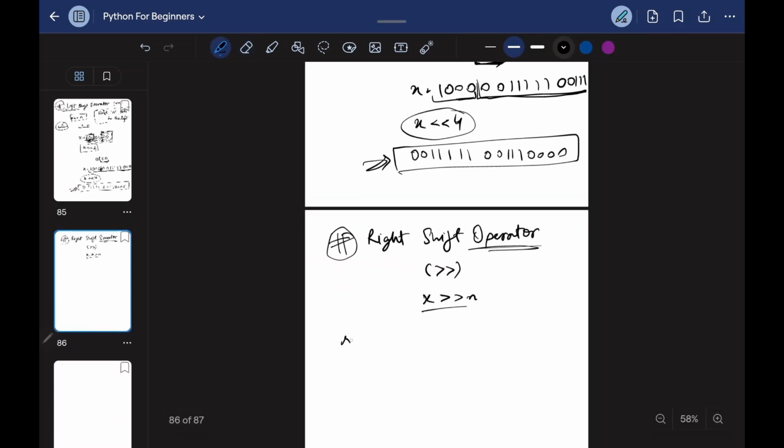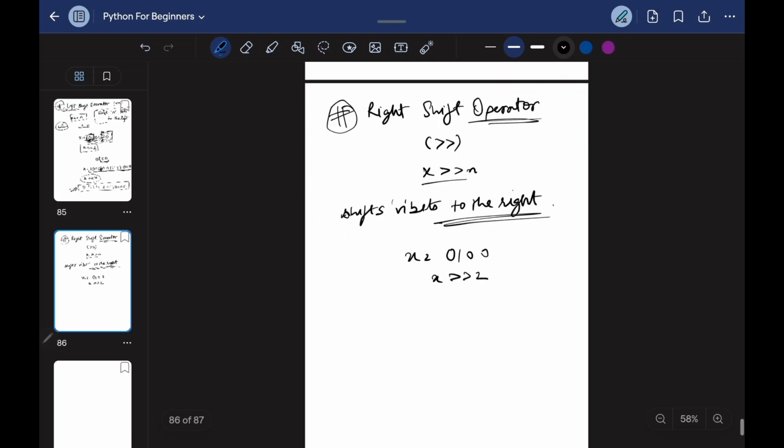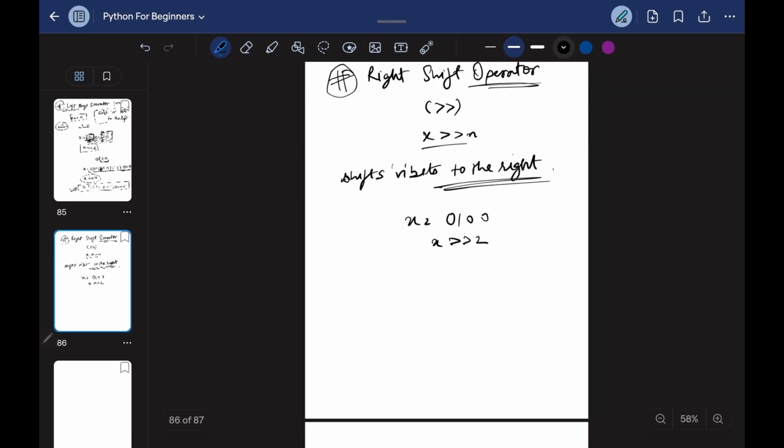It shifts n bits to the right. So if my x is 0100 and I do x right shift 2, the rightmost n bits will be shifted to the right.